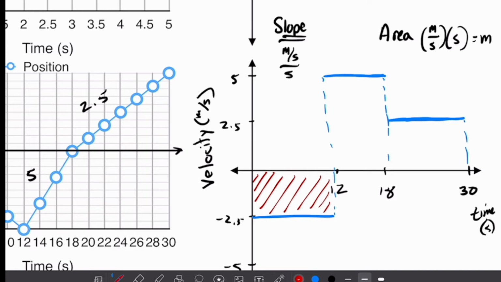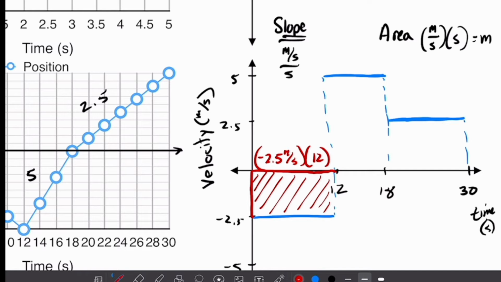And so I'm going to identify that this is a rectangle. And it appears that in this rectangle, I'm going to have negative 2.5 meters per second times 12. Questions about that? 30, I'm pretty sure. 2 times 12 is 24, half of 12 is 6, plus 24 is 30. That seems like 30.